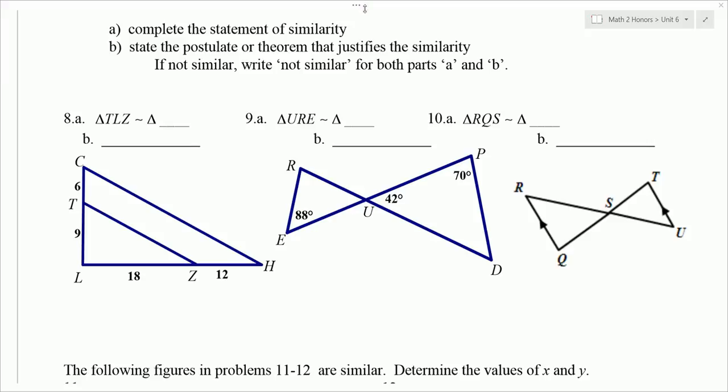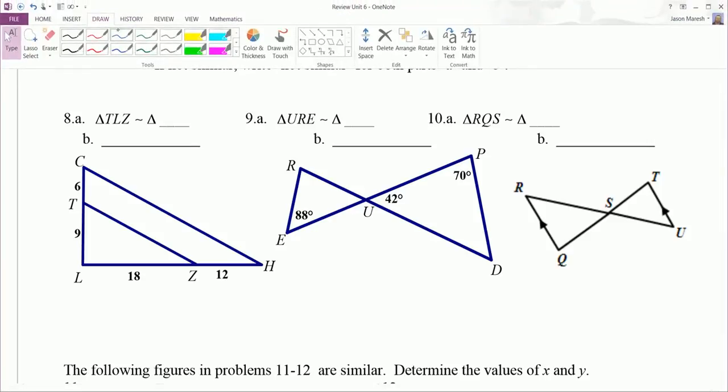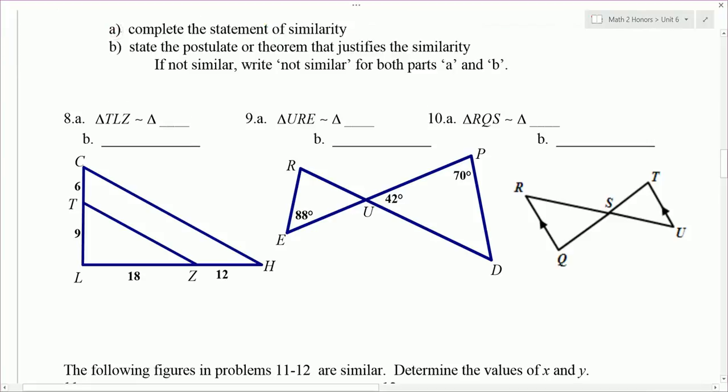So on the first one, first of all, these two triangles, the smaller triangle to the larger triangle that it's inside, they share angle L.